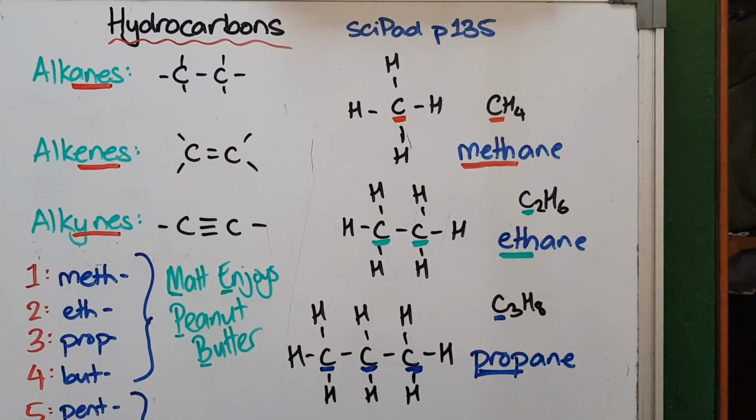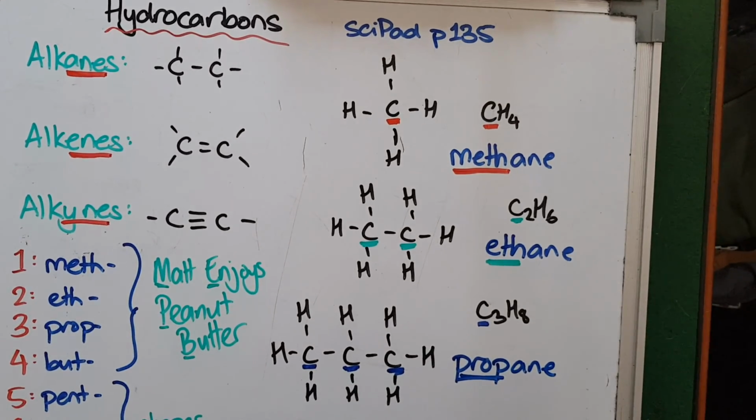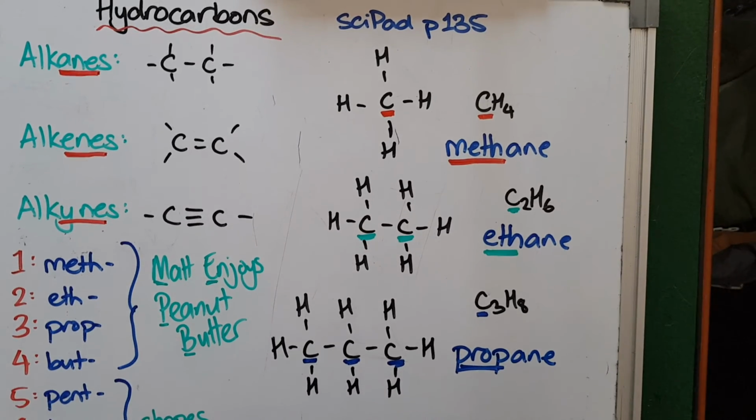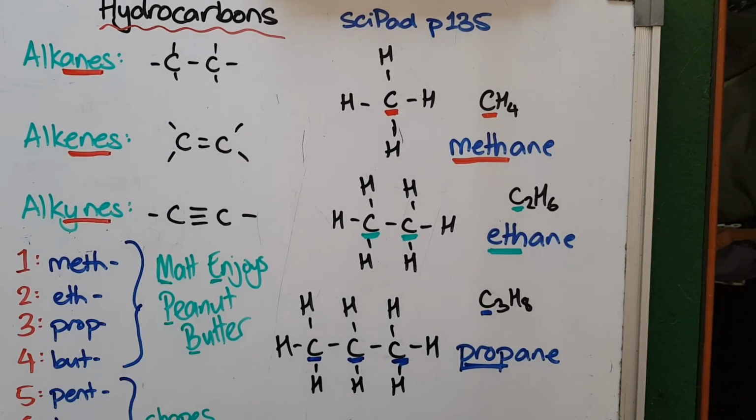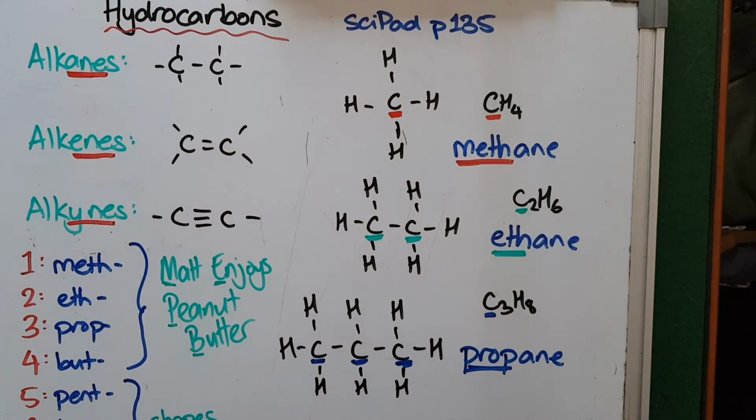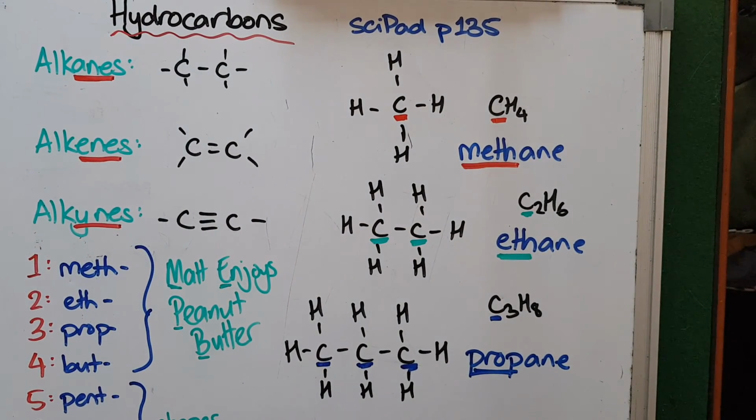So they get a bit easier after 5, but I find that it's good to have a mnemonic to remember the first 4 for naming. This year, you'll only have to name up to 8 carbons. So meth, eth, prop, but, pent, hex, hept, H-E-P-T, and oct.